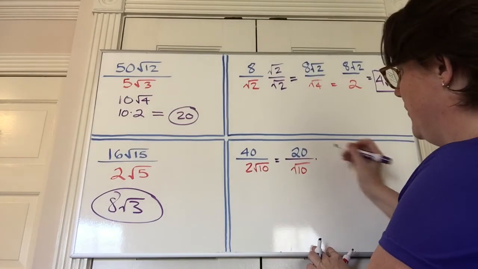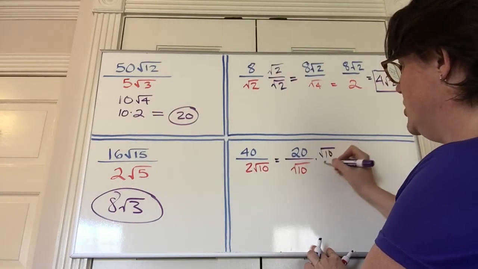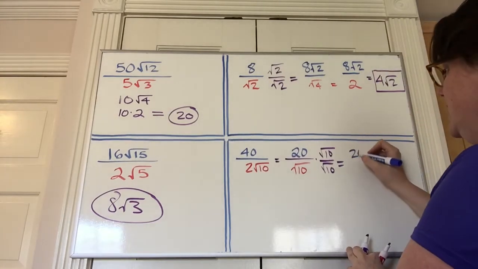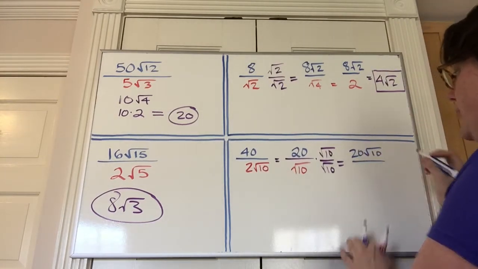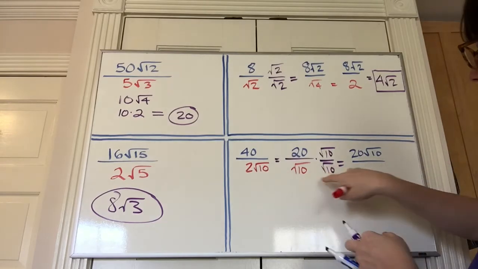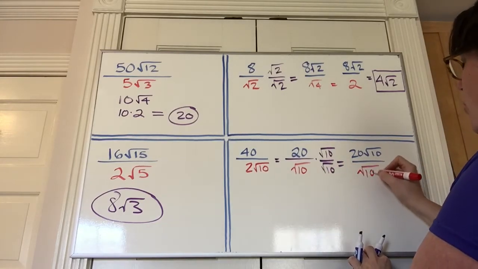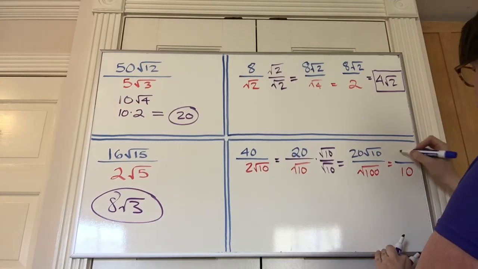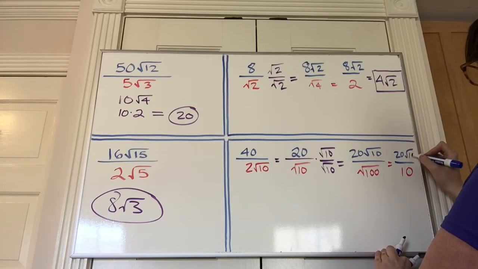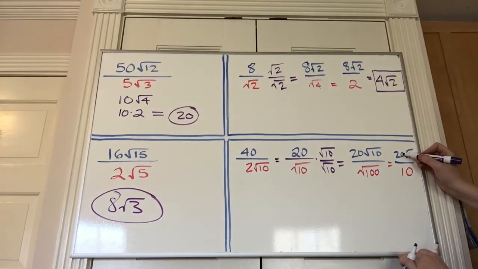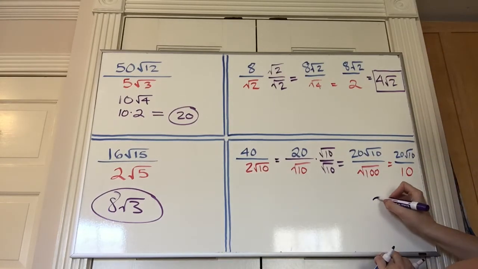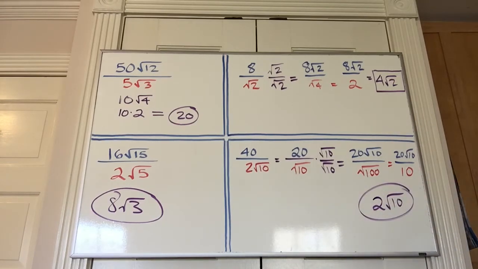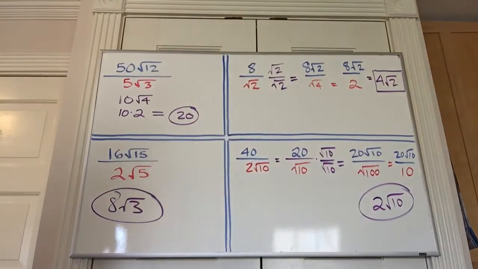So in this case, the denominator is root 10. I'm going to multiply by root 10 over root 10. I'm going to get 20 times the square root of 10 on top. And on the bottom, I have root 10 times root 10, which makes root 100, also known as 10. So I have 20 root 10 divided by 10. Regular 20 can be divided by regular 10. I'm going to get 2 times the square root of 10. Okay, so let's do some more practice with that.